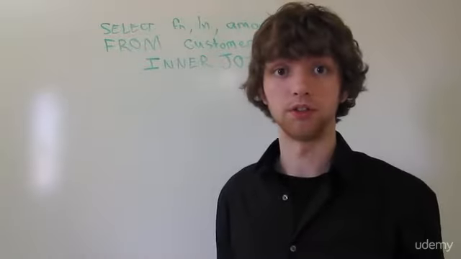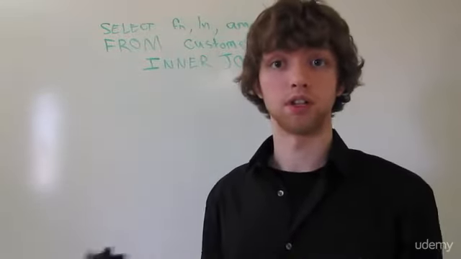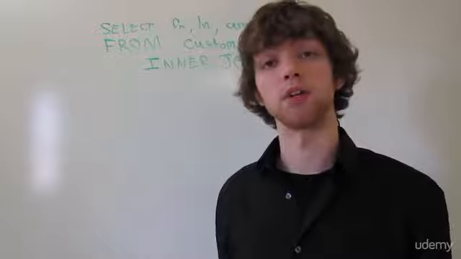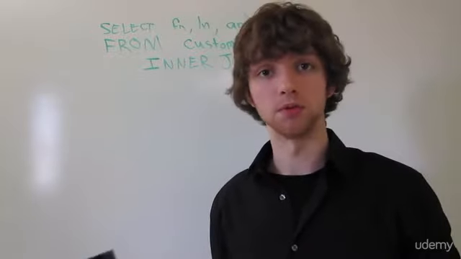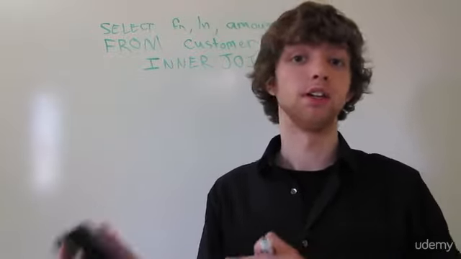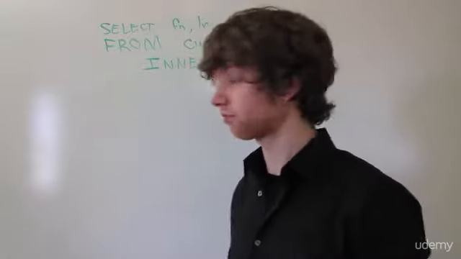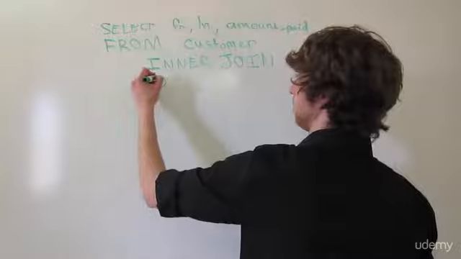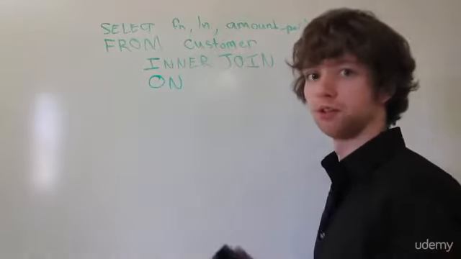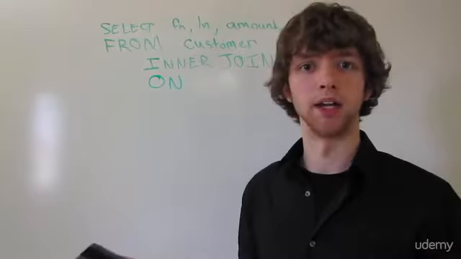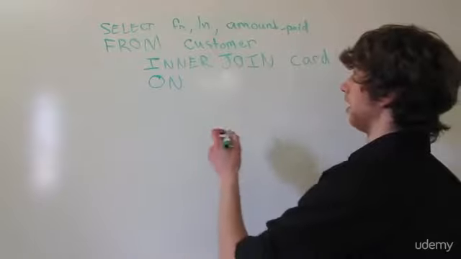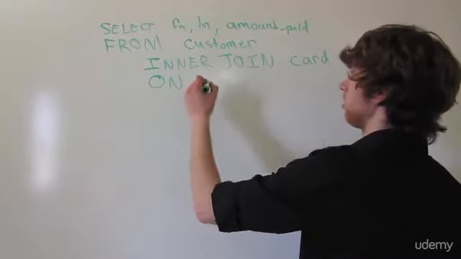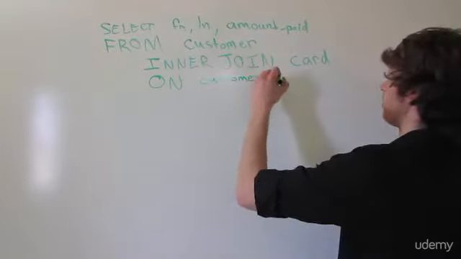Now, what you're going to do is say, how are these tables connected? The way we want to join these tables is by the foreign key connecting to the primary key. And the way you signify that in the syntax would be with this little statement here. On, which is basically saying, what are we joining it by? And you're going to say customer dot customer ID.